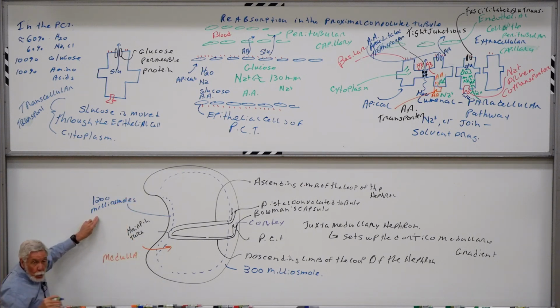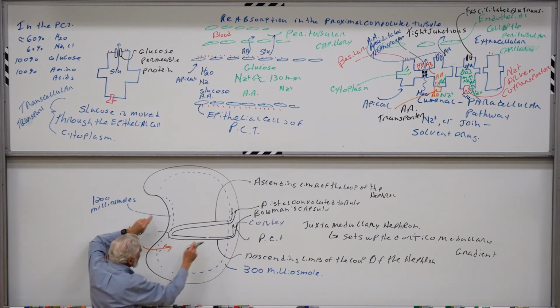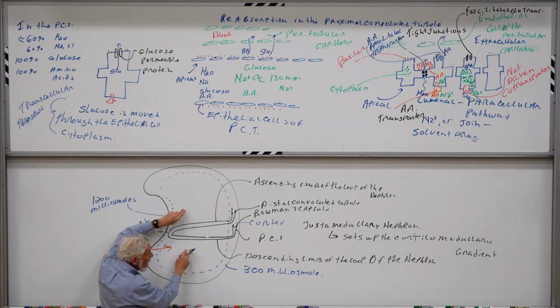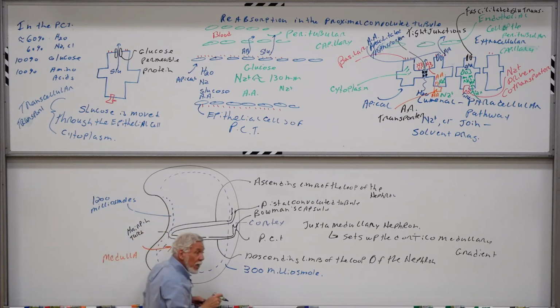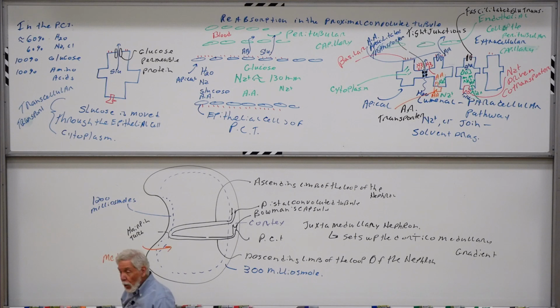This gives rise to a gradient that goes from 300 to 1,200. This is said to be the corticomedullary gradient. And next time we'll talk about how we set up and how we maintain that corticomedullary gradient and why it's important to us in maintaining and generating hyperosmotic urine.